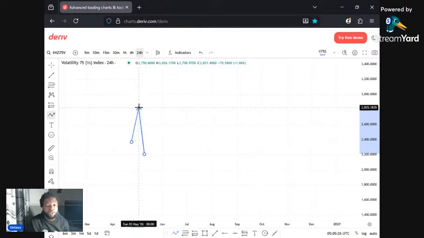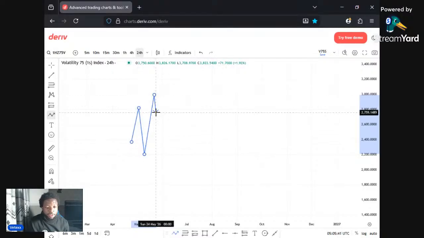We'll consider this high to be our liquidity. This liquidity is what we call transactional liquidity, and it needs to be taken out. Once it's taken out, it gives us our protected high. It simply means this liquidity has been swept by this protected high. So this is our rule number one: there must be a sweep of liquidity to give you a protected high.